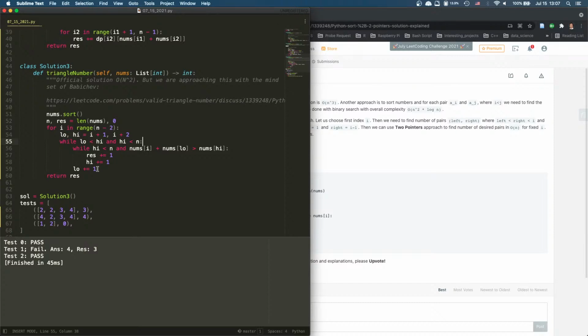We do low plus equal to 1. So low moves here, and then if low moves here, then we reset high, and we repeat the same thing.